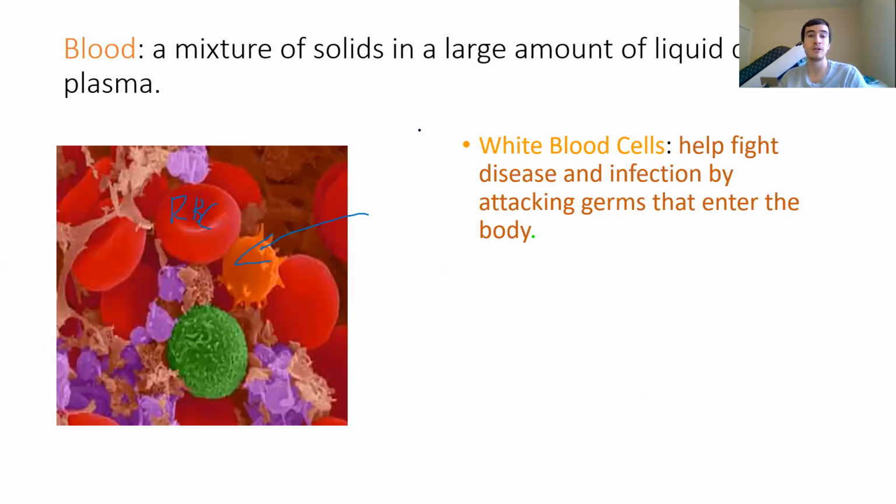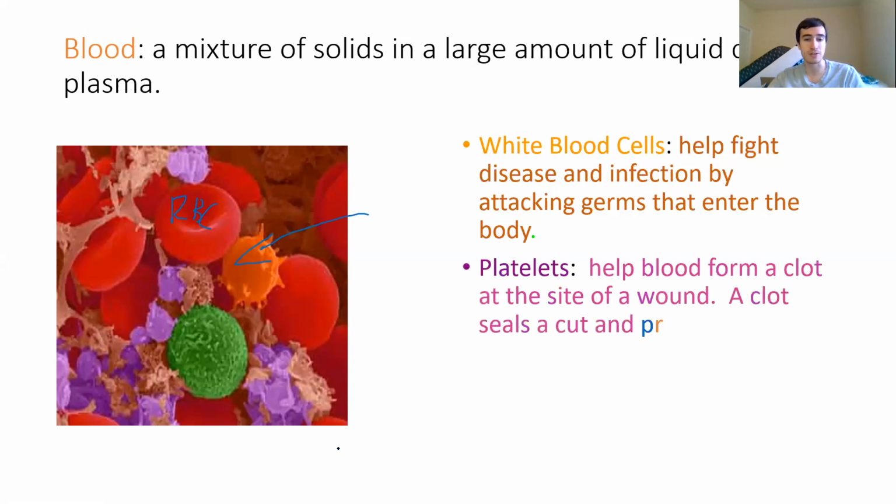So they're responsible for recognizing and attacking viruses and bacteria that get into your body that are not supposed to be there. So they have a way of determining what is supposed to be there and what isn't, and hopefully they will attack and destroy anything in your body that they do not recognize as being a part of you.